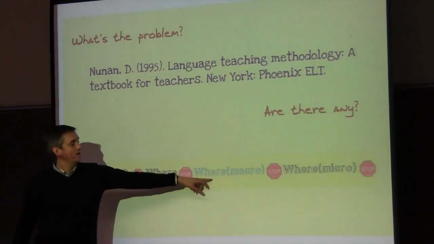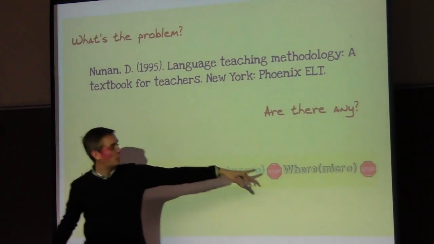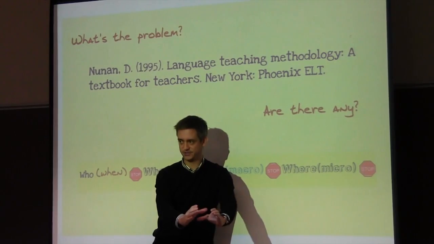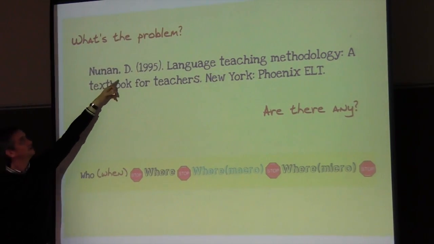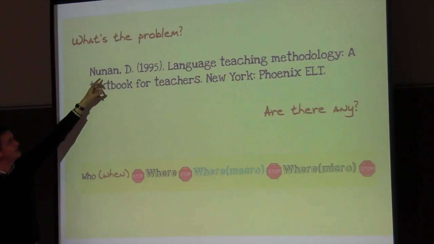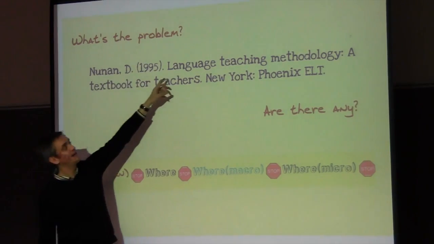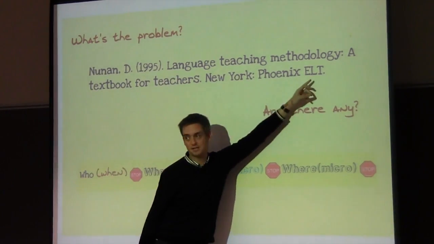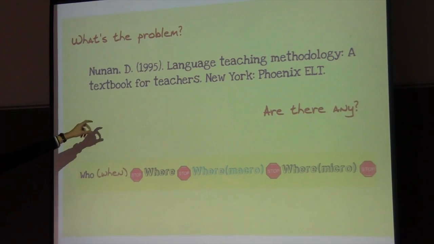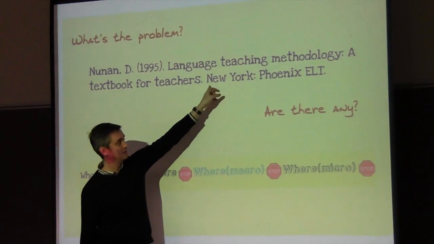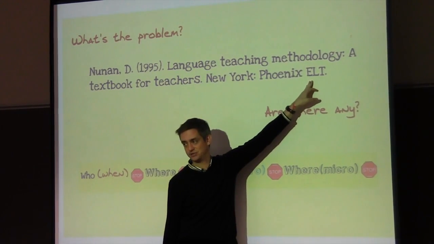Then we've got where, kind of at a macro level. And then we've got where at the micro level. So we zoom in. So we have who, D. Noonan. When, 1995. Where did he say it? Language and Teaching Methodology, a textbook for teachers. Where at the macro level? In New York. Where at the micro level? Phoenix ELT, which is the publisher.